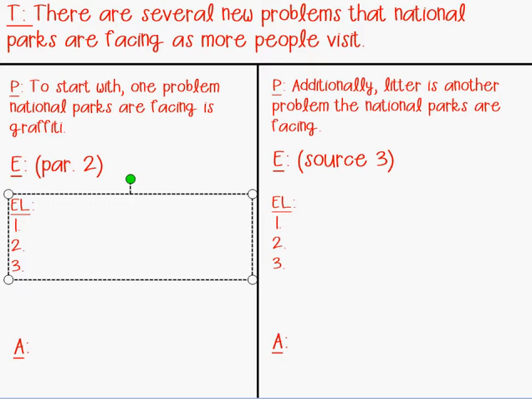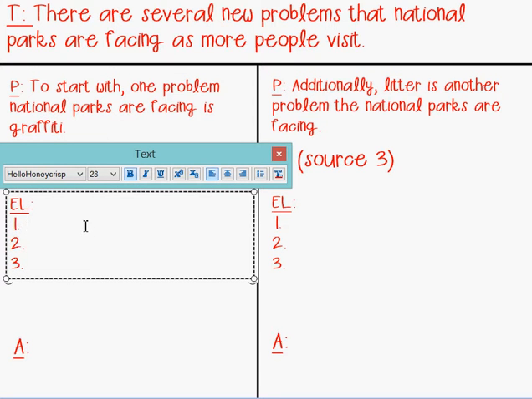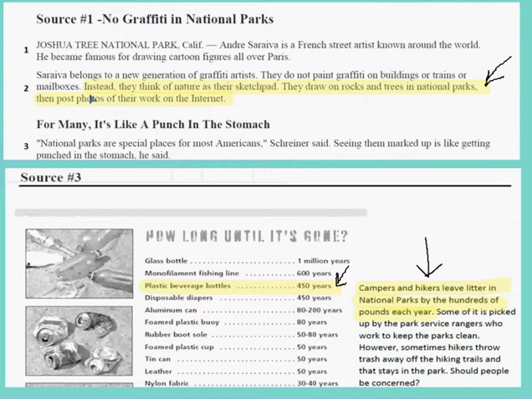So the first sentence in their EL can always be a very simple definition for a word that they think is important. So they can start off with define, and then they can think about which word they want to define. So going back to my evidence, instead they think of nature as their sketch pad. They draw on rocks and trees in national parks, then post photos of their work on the internet.